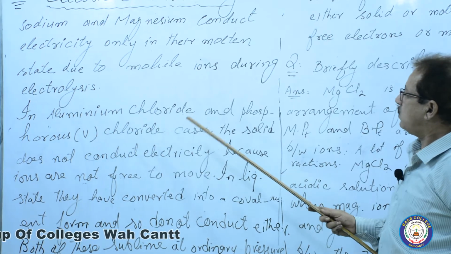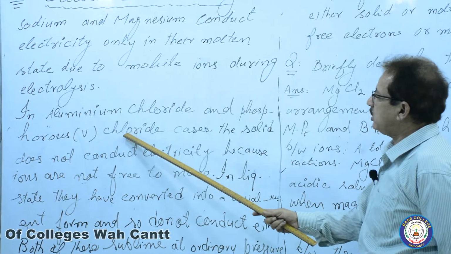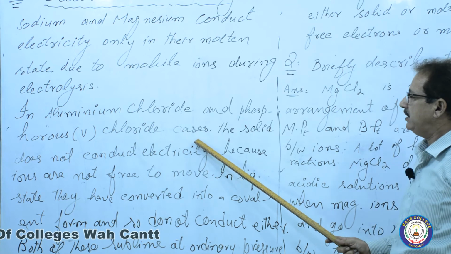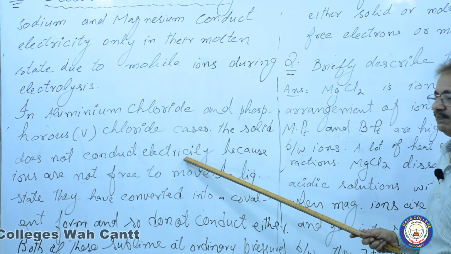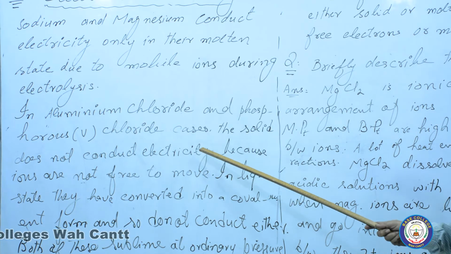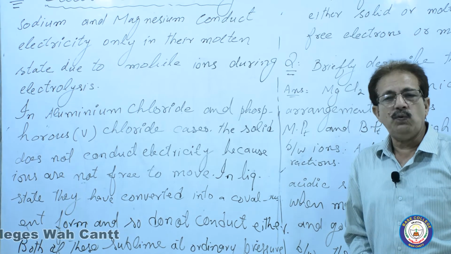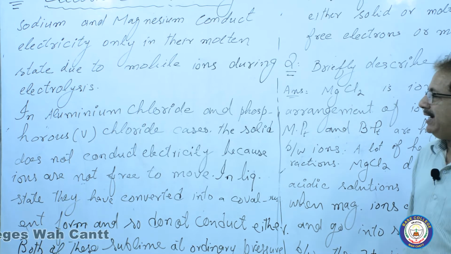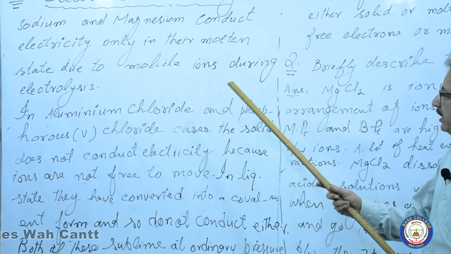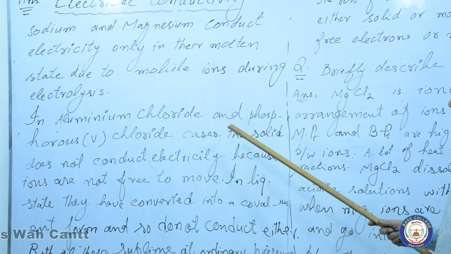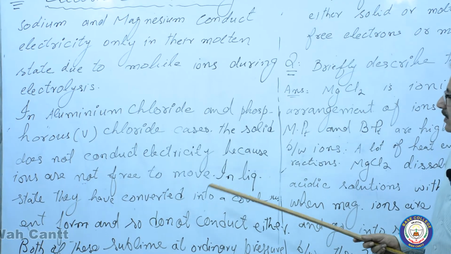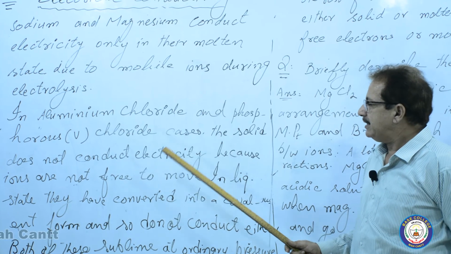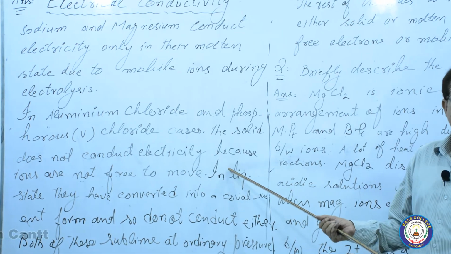In aluminium chloride and phosphorus pentachloride cases, the solid does not conduct electricity, because there are no free electrons or mobile ions in their solid state, and they do not conduct electricity when they are present in their molten or liquid state either.